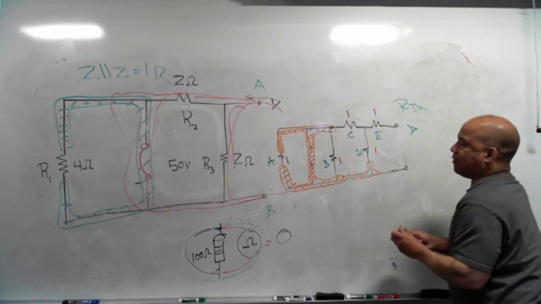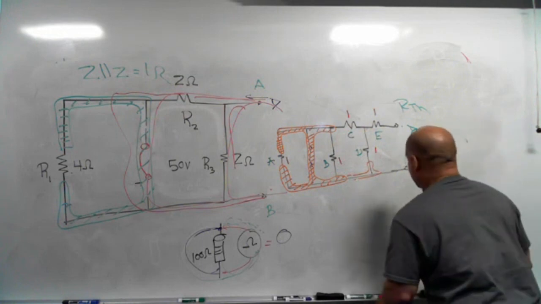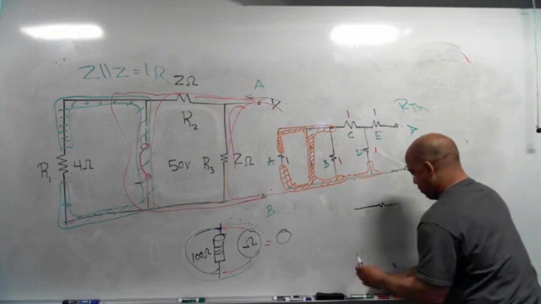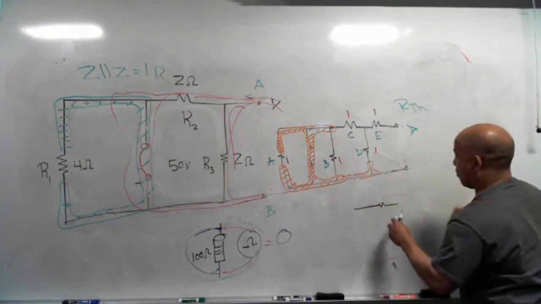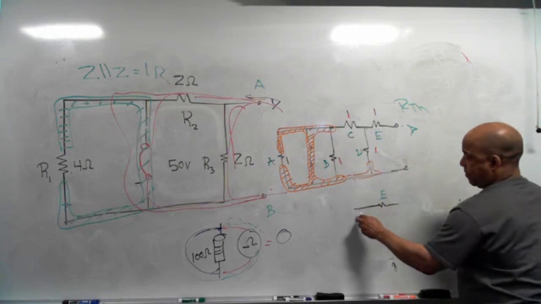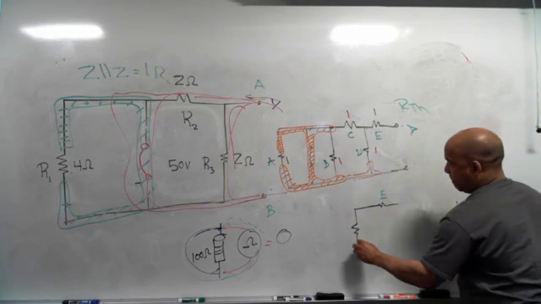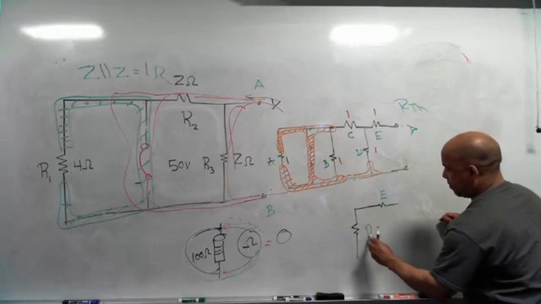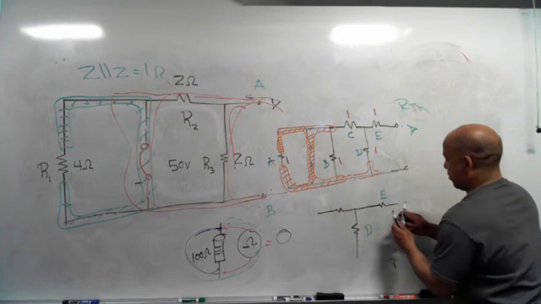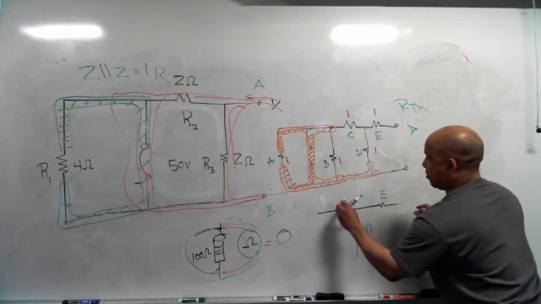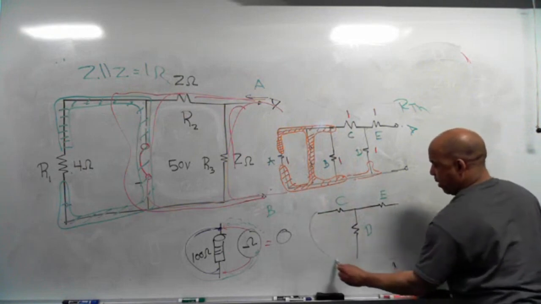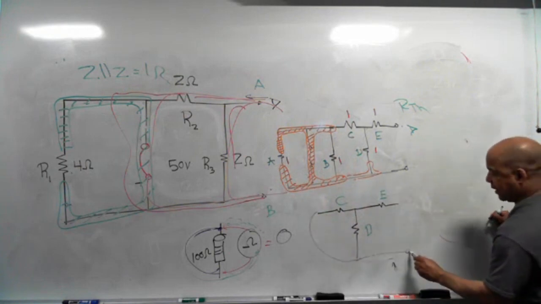Matter of fact, here's the equivalent circuit if I redraw it. I've got E. I've got D. I've got C. And then everything else on this side is shorted out by that wire, and then my lead comes out like that.